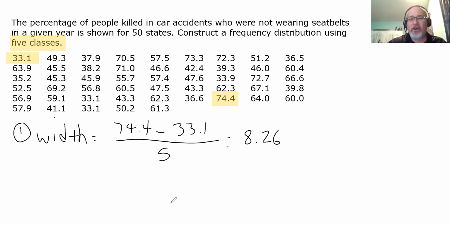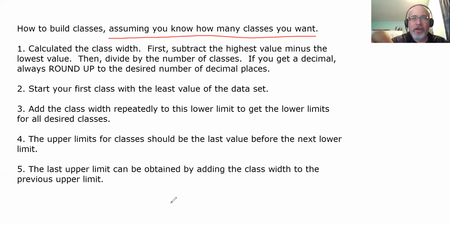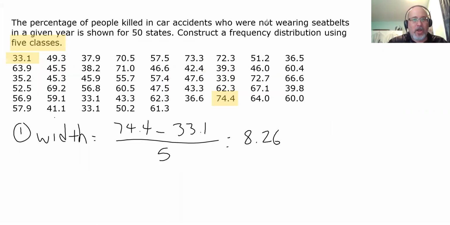But here's where this part comes into play. Always round up to the desired number of decimal places. Our data has 1 decimal place, so our class limits should also have 1 decimal place. Now, normally you would look at this digit and make a decision about whether or not to round up.